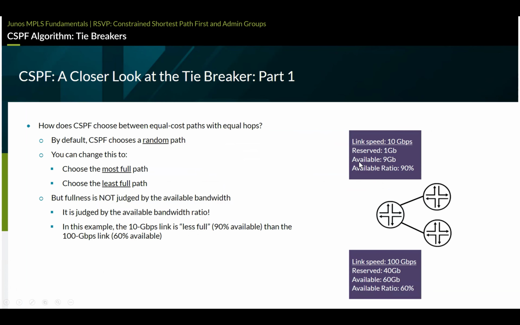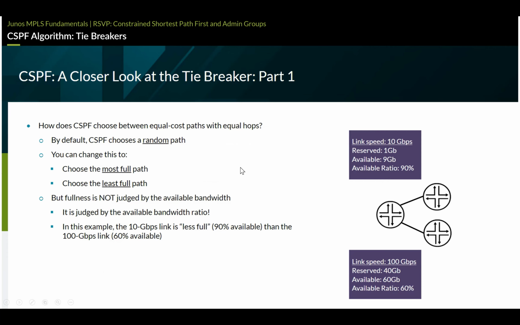Reserved is 1 GB, available 9 GB, available ratio is 90%, and on the 100 Gbps link the reserved bandwidth is 40 GB, available bandwidth is 60 GB, the available ratio is 60%. So we have to know some key terms: most fill, least fill, random path. What is this? How does CSPF choose between equal cost paths with equal hops?